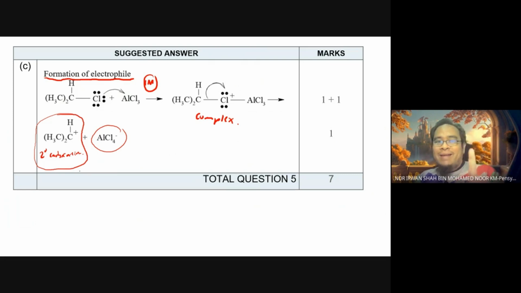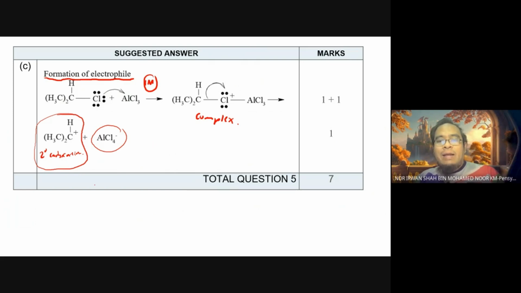Okay, dan harus diingat guys, every time when we are dealing with carbocation ni, kita kena always consider, ada tak any possibility untuk carbocation itu buat rearrangement. Sama ada dia buat 1,2 hydride shift ataupun 1,2 methanide shift untuk produce a more stable carbocation.